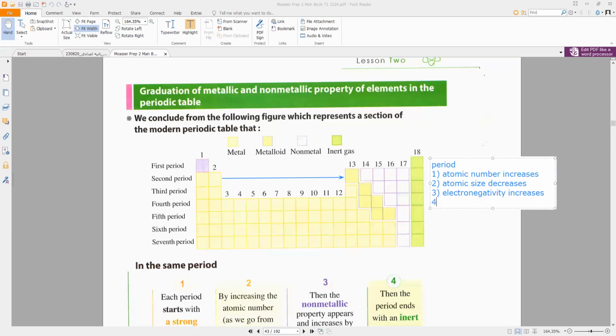But we talk about the metallic properties and non-metallic properties. Metallic properties are related to the number of electrons in the outermost shell.